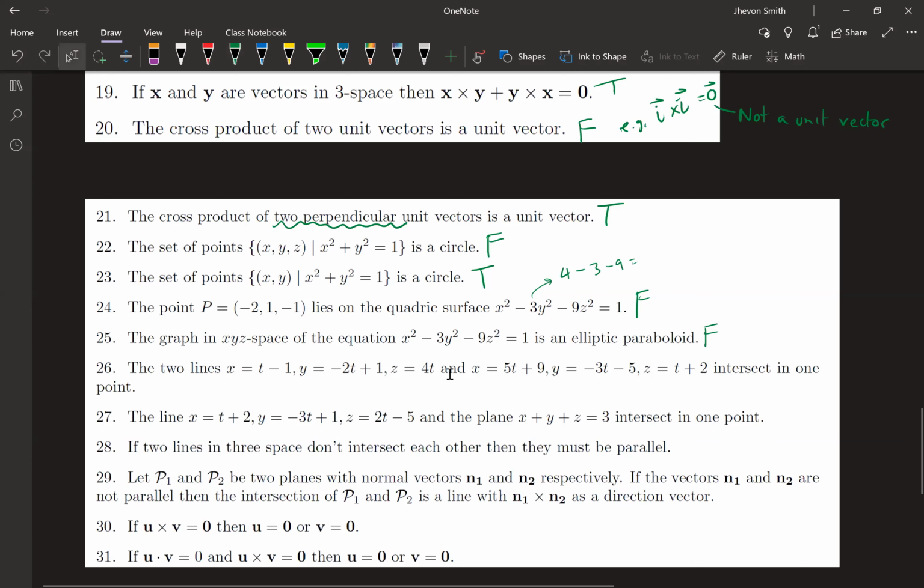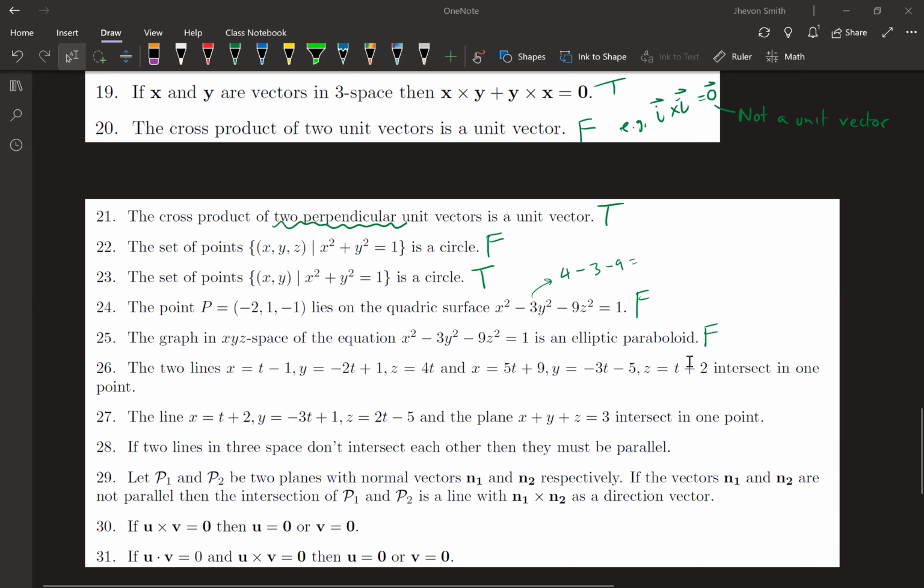False. Which you should know the equation of a paraboloid. For a paraboloid, you need one of the variables to not be squared, right? And the signs of the other two have to agree.